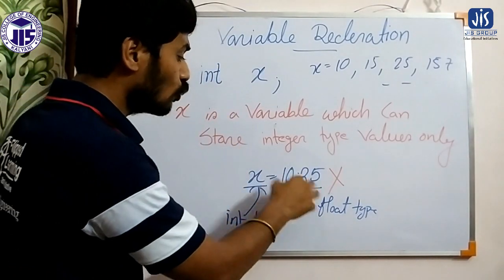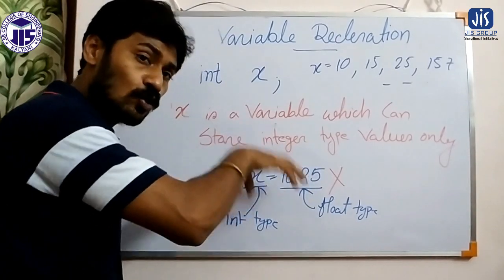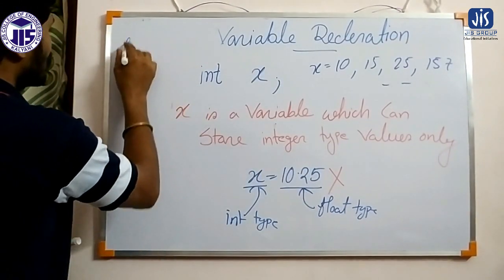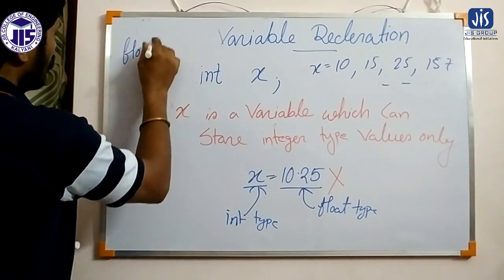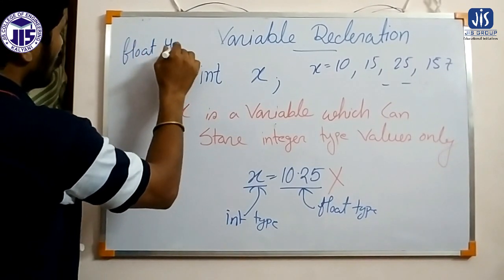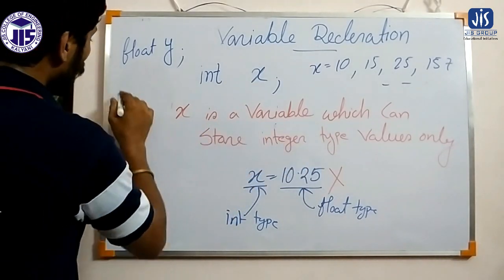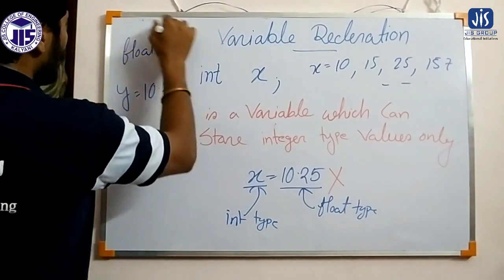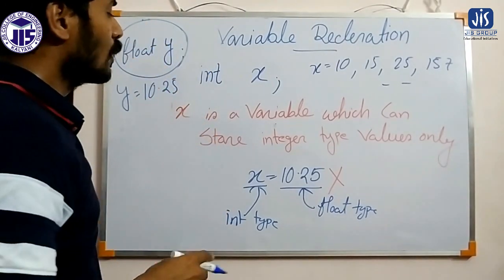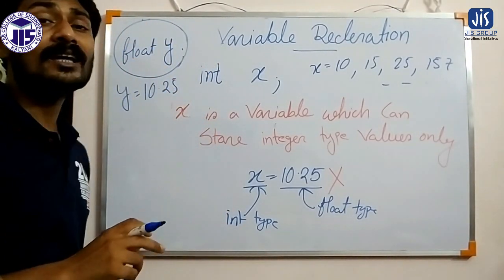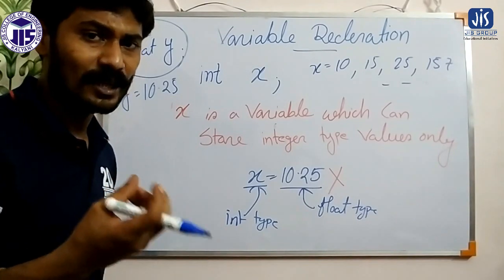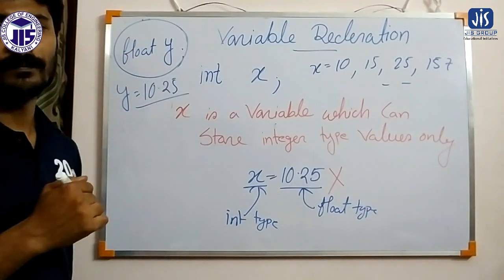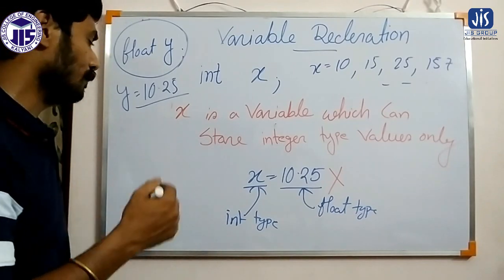Now if you want to store 10.25, then we have to declare another variable as float y. Then we can write y equals 10.25, because the meaning of this statement is that y is a variable that can store only float type values.